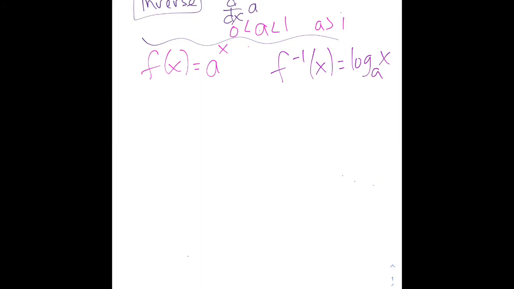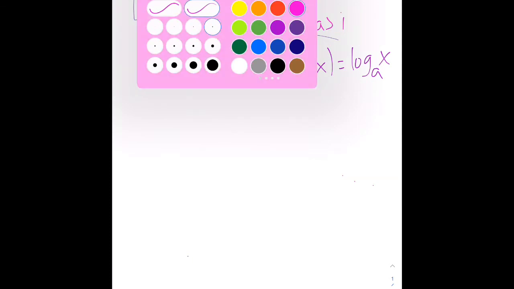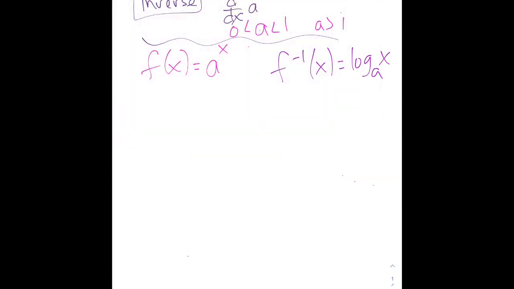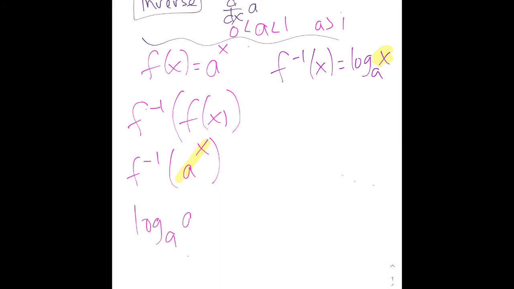Therefore, if we verify the inverses, if I do f inverse of f of x, this is the one that kids get. If I take f of x, which is a to the x, and now I plug that in for x, this yields the log base a of a to the x.